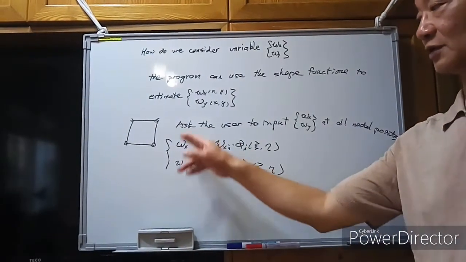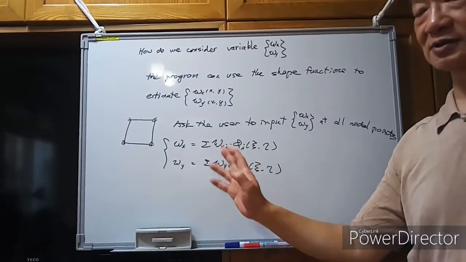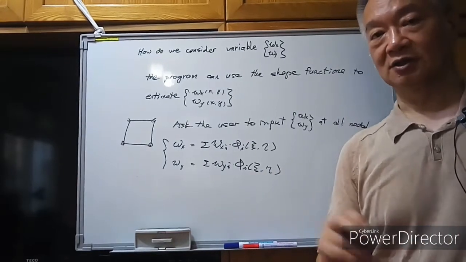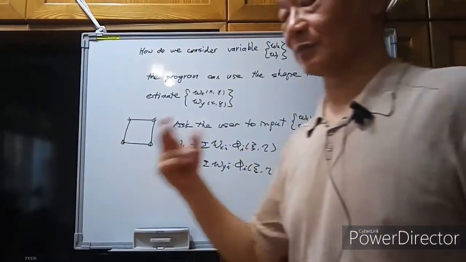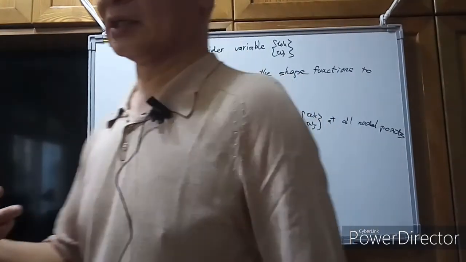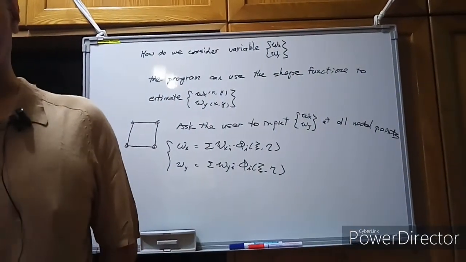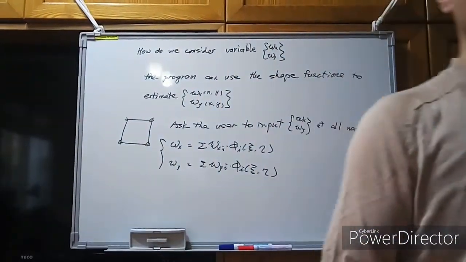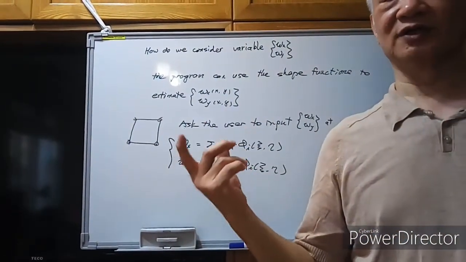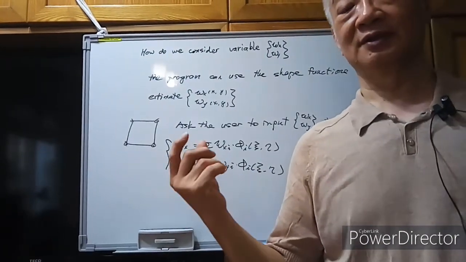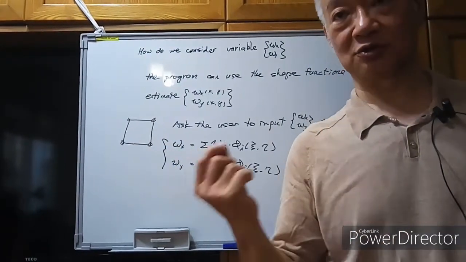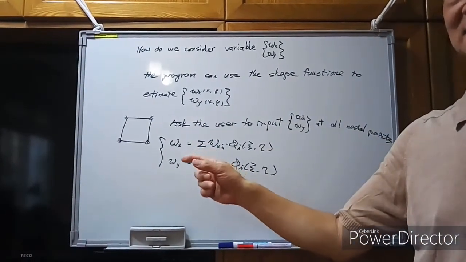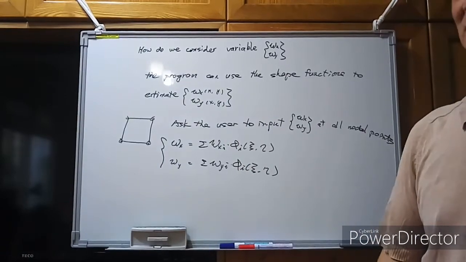So if the Wx and the Wy are not constants, then for different integration points, the Wx and the Wy are also variable inside the element. So the function values, not only the u and the v and the Jacobian, are functions of the locations inside the element, but also the Wx and the Wy are related to the locations.